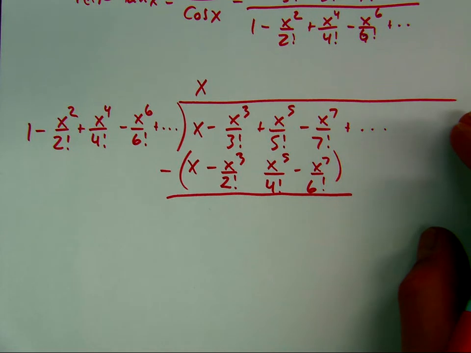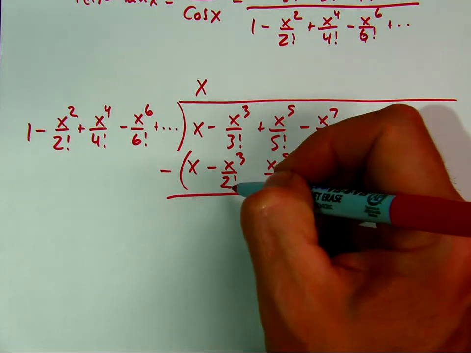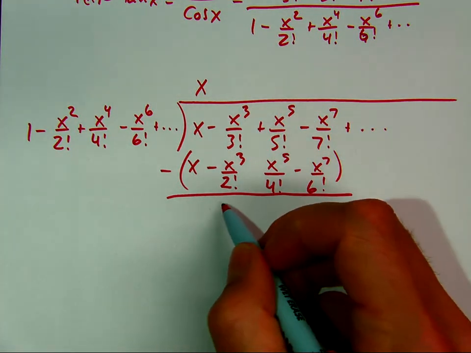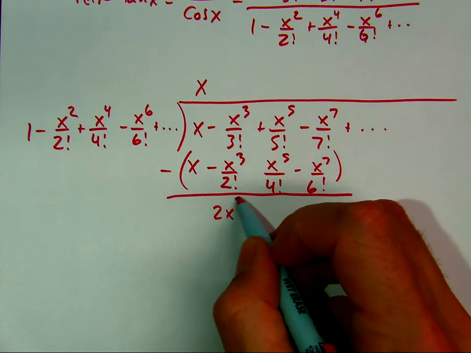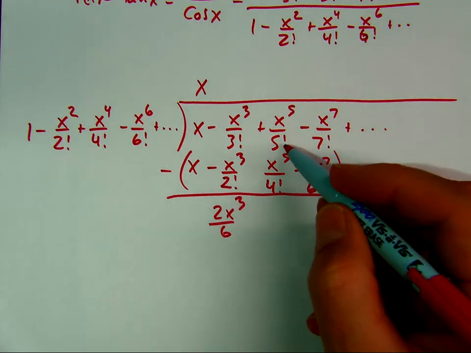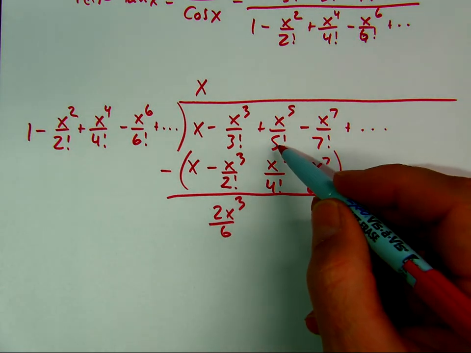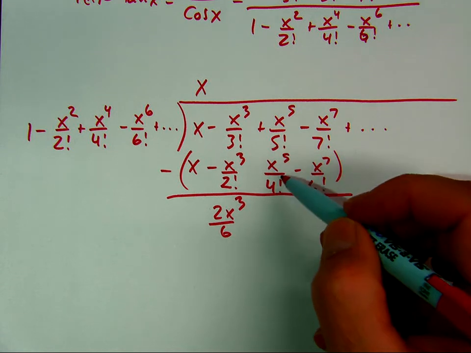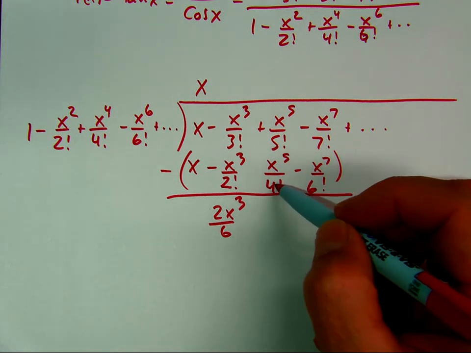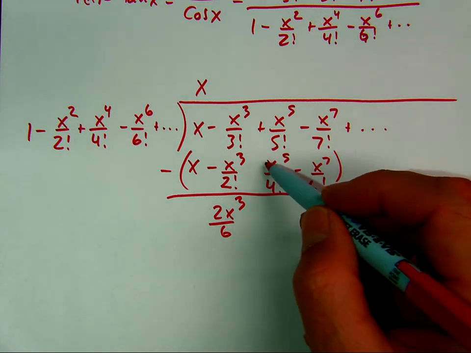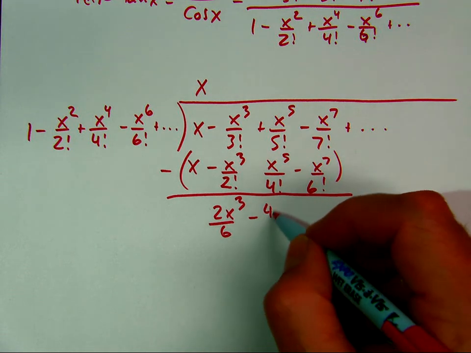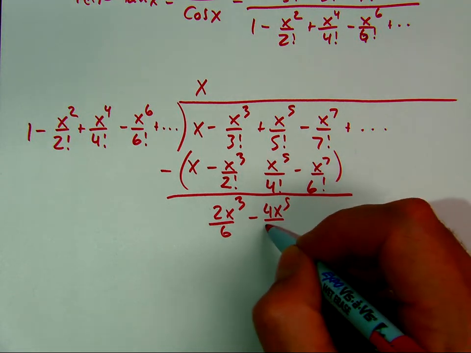So we work on getting common denominators here, and we will have 2x cubed over 6. This is 120, and that's 24. So we'd have to multiply this by 5. We'll end up with negative 4x to the 5th over 120.